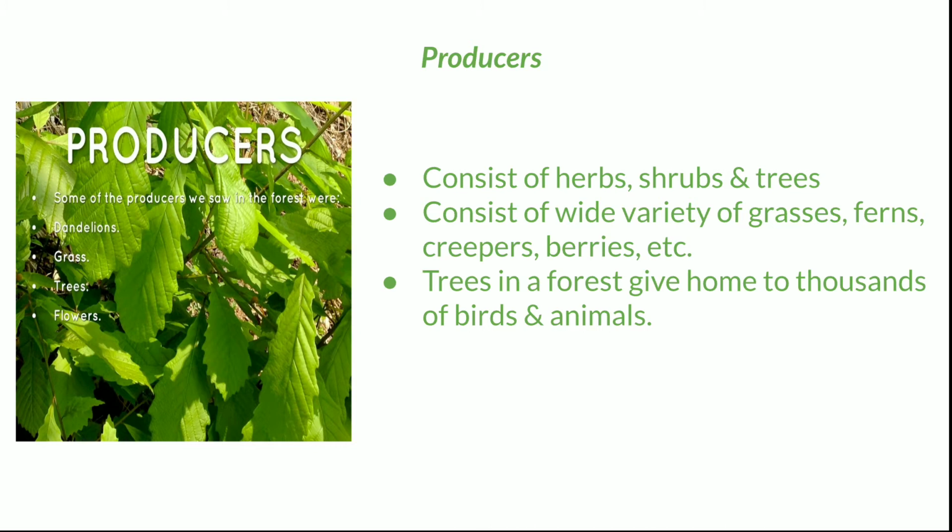Now the producers are generally herbs, shrubs, trees, a wide variety of grasses, ferns, creepers and berries. Trees in the forest give a home to thousands of birds and animals. So this is about the producers of the forest.